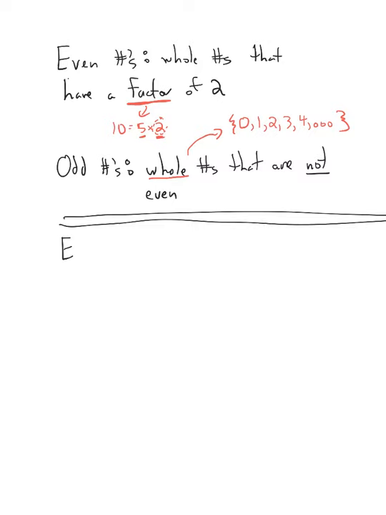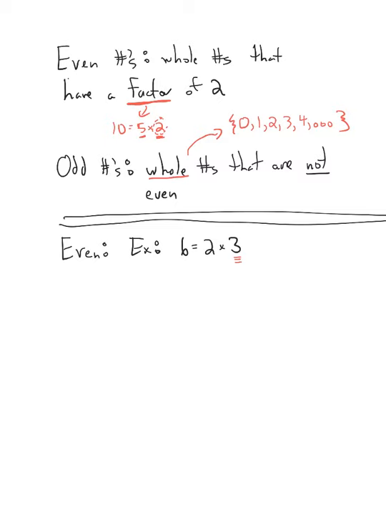So even numbers, of course. An example of one is 6. And 6 is even since you can write it as 2 times some number, 3, whatever. Really, whatever number this is isn't important to the fact that it's even.